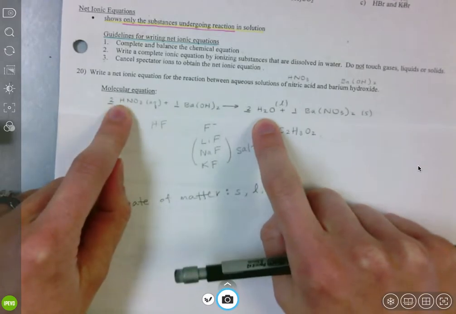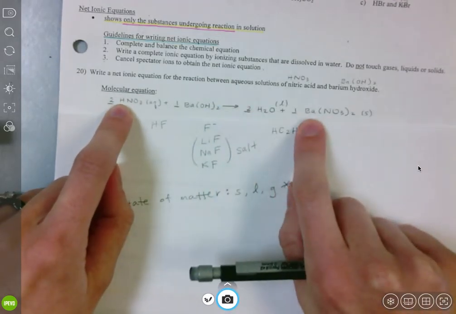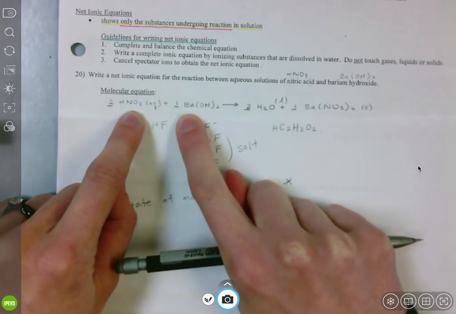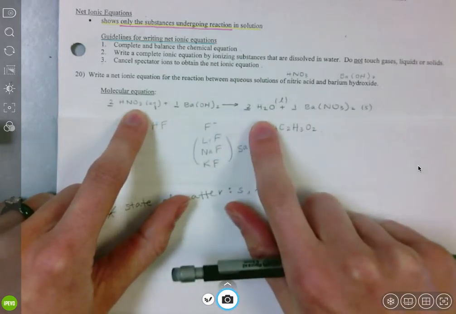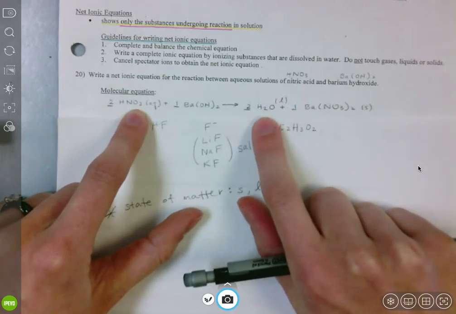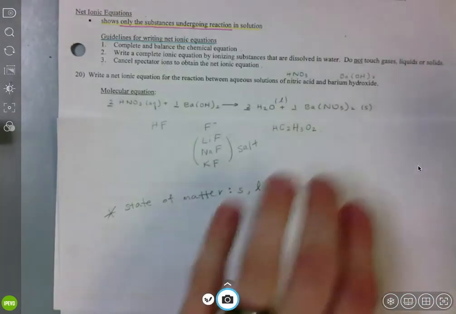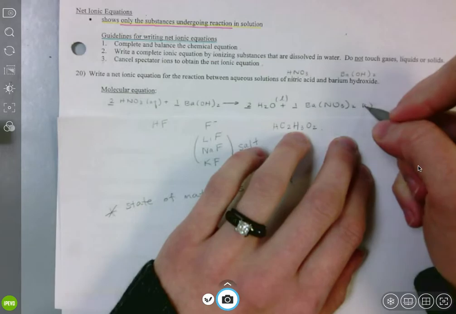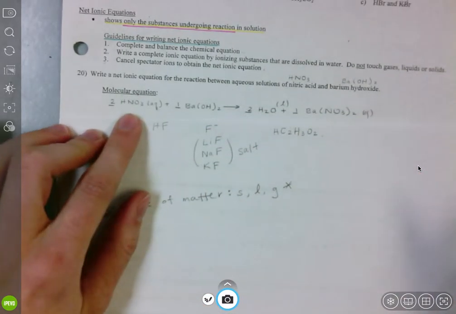So we have hydrogen hydroxide, which is water, and then we have barium nitrate. So these two are teaming up. Double replacement reaction. Nitric acid and barium hydroxide is going to make water, which is a liquid, and that's important. And then our salt is barium nitrate. This is not a solid, that is aqueous. My bad.